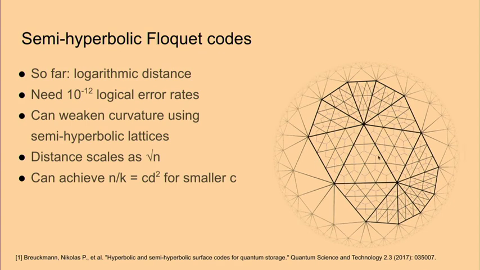And then we again take the dual, which is now this blue dotted lattice. Essentially, you've inserted hexagons into the tiling and weakened the curvature, and it allows you to increase the distance, achieve distance scaling as square root n. And this gives us many more codes to consider and much higher distances.